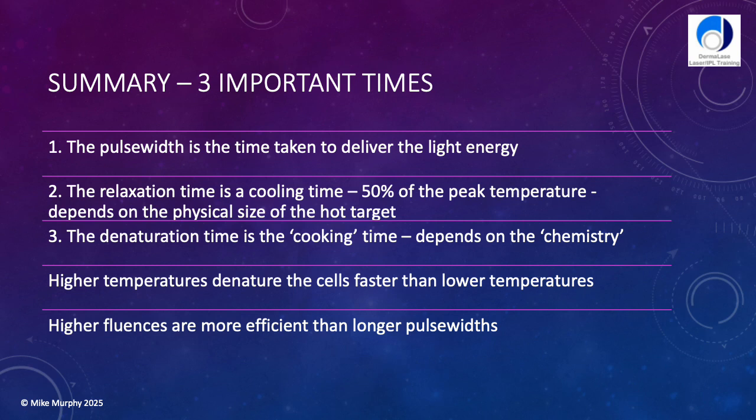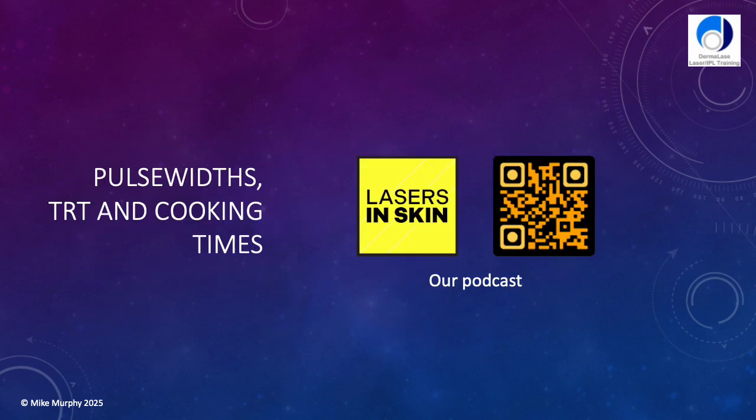And my answer is always, well, you could do that, but you're actually better off using a higher fluence, which will generate higher temperatures, and they will cook much faster in those higher temperatures compared to using a long pulse, which can result in lower temperatures, which then needs a commensurately longer time to denature. So higher fluences are always a more efficient way of destroying target tissues compared with long pulses.